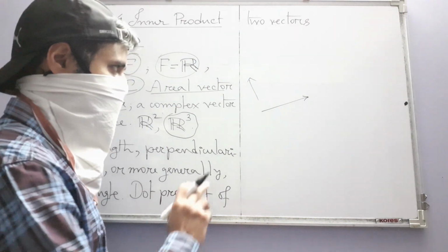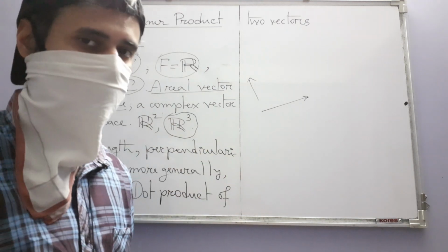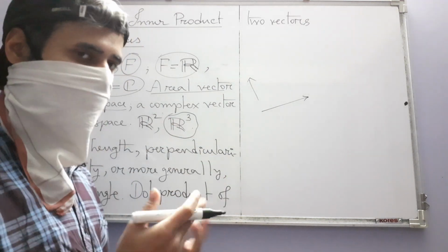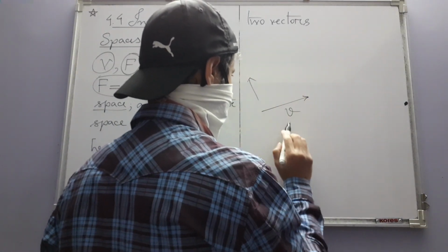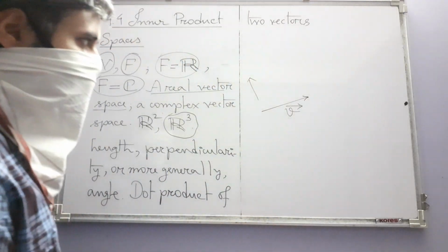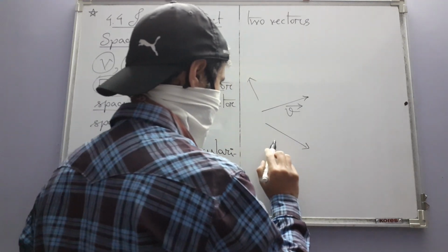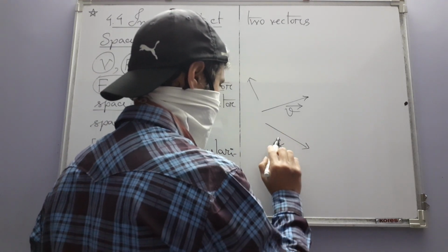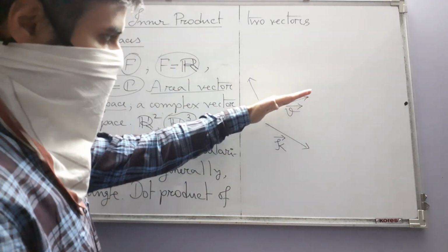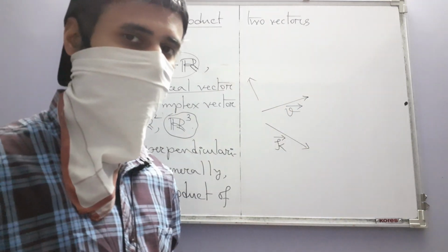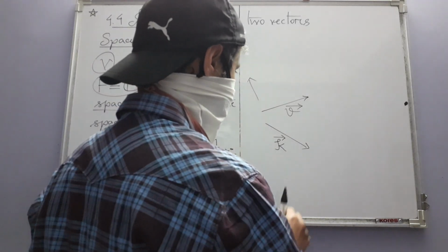Also, dot products help us find components of a vector in some directions. You may recall these things from vector analysis. Say you are given a vector v, and say you are given another vector k. Now the component of the vector v in the direction of the vector k, if you think of it geometrically, is like this.